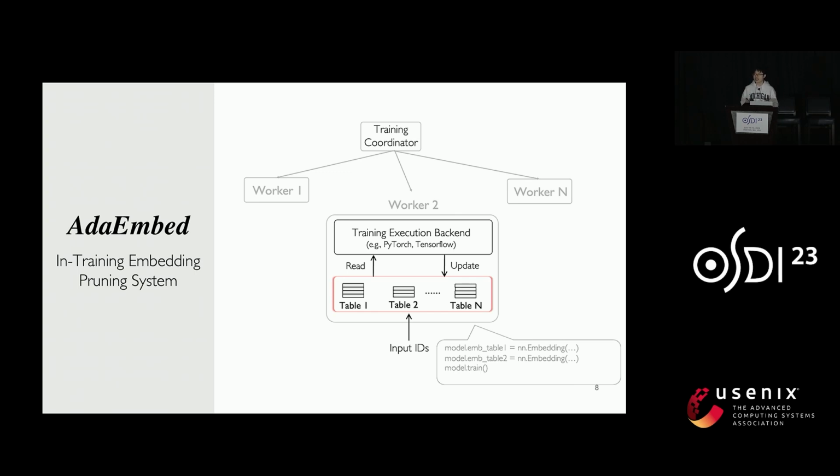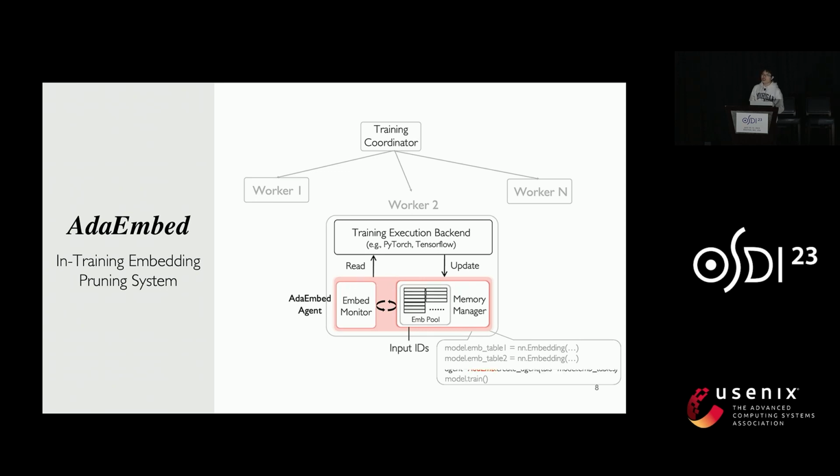Thinking about model training across hundreds of machines, AdaEmbed interacts with the execution backend like PyTorch and manages the read and write of embedding weights. It uses the local agent to manage all embedding tables as a shared tool and wraps existing embeddings to minimize modifications.